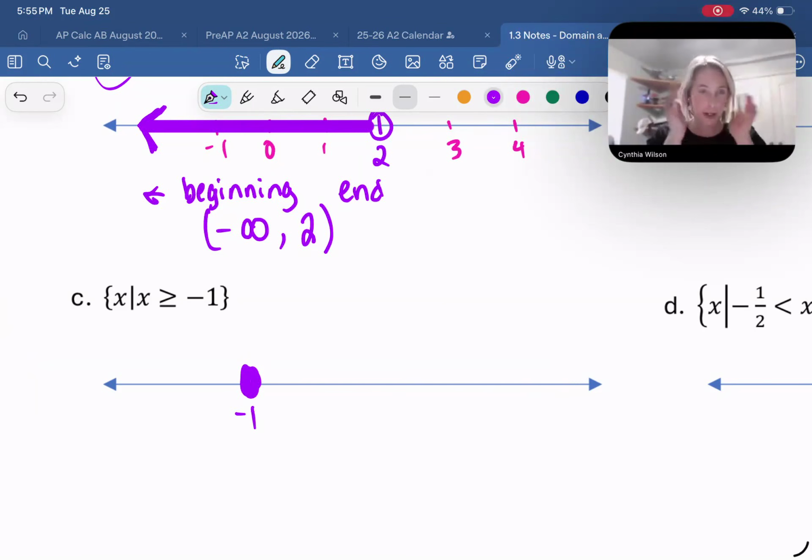All right, so now we consider, it says x's have to be greater than or equal to -1. Well, I have to choose the right side or I have to choose the left side. Which side of the -1? Give me x's that are greater than or equal to -1. Awesome. On the right side, good.